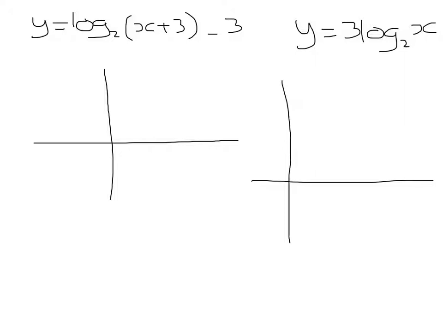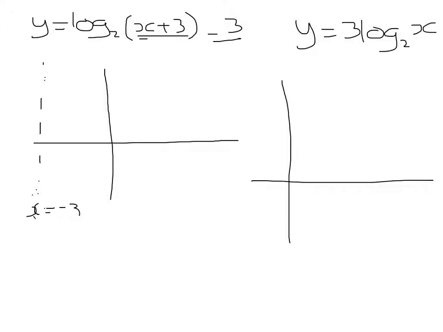Now if we combine the two transformations together, in this one we've got log of x plus 3. Now because the plus 3 is in brackets with the x, that's your horizontal transformation, and because it's plus 3 it moves left by 3. So the new asymptote is going to be at x equals negative 3.